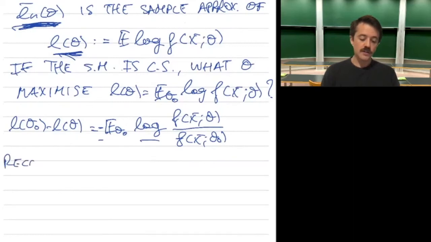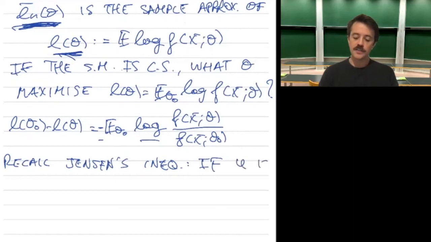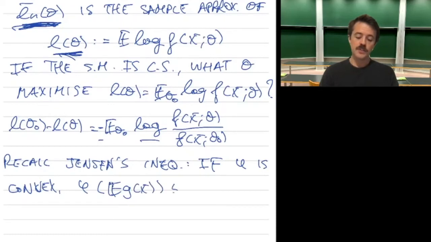So recall Jensen's inequality, which says that if we have a function phi, and phi is convex, then the image through it of the expectation of the function that we're looking at is going to be less than or equal to the expectation of the image through phi. So this is Jensen's inequality. Recall this, then.